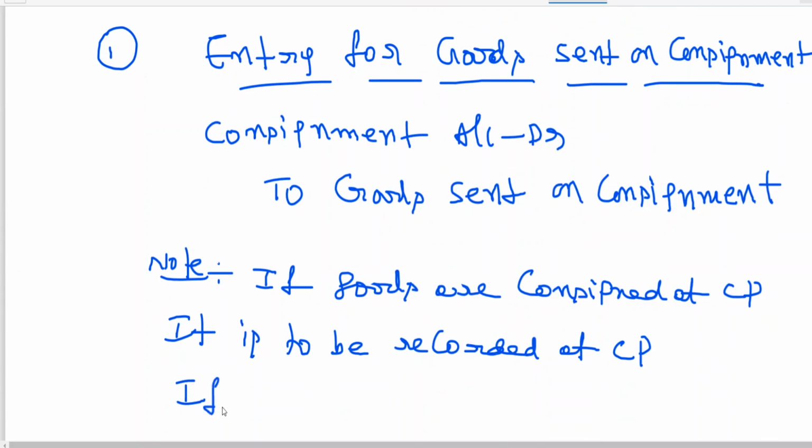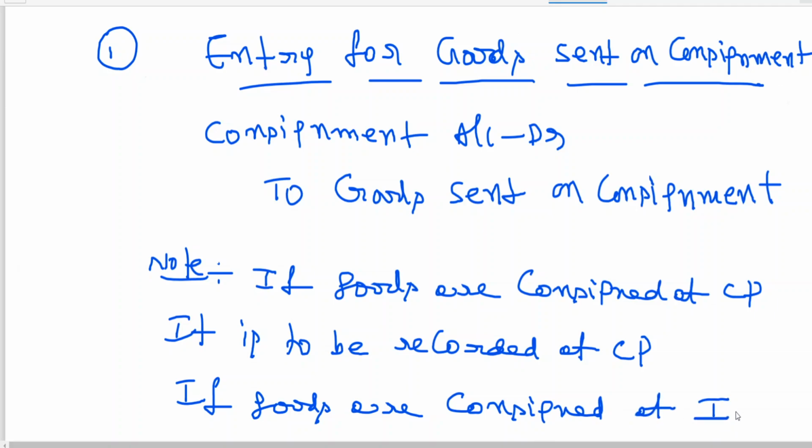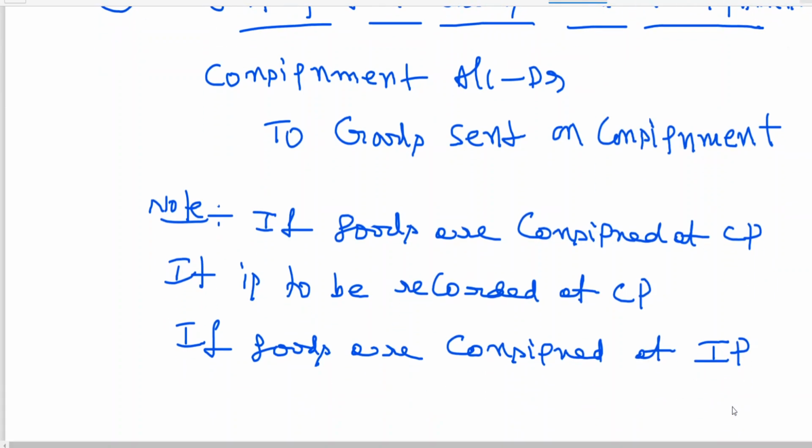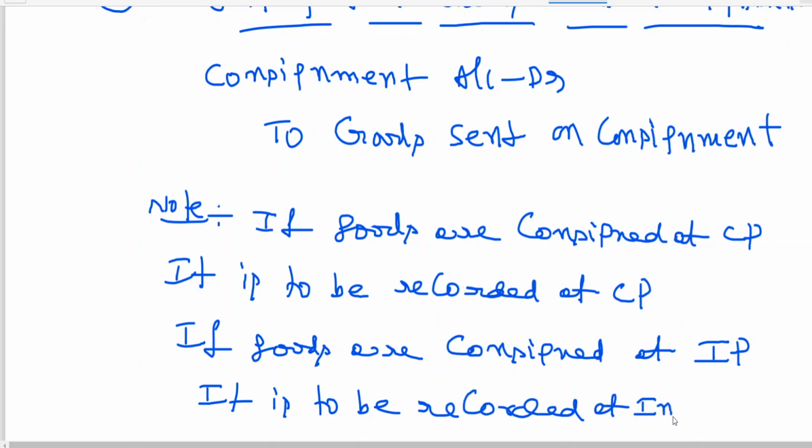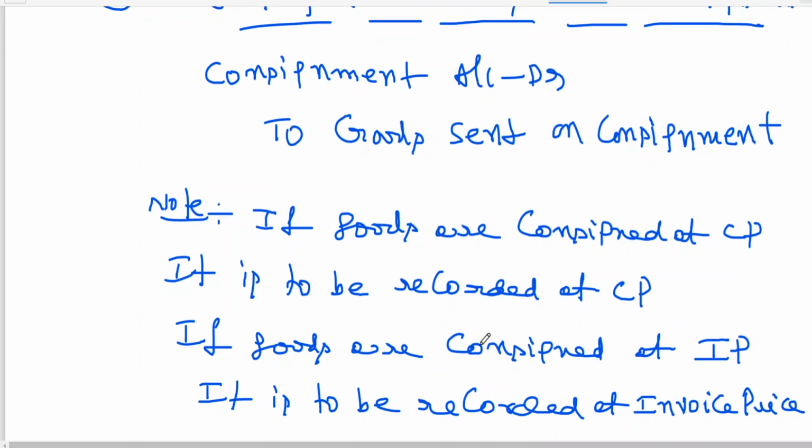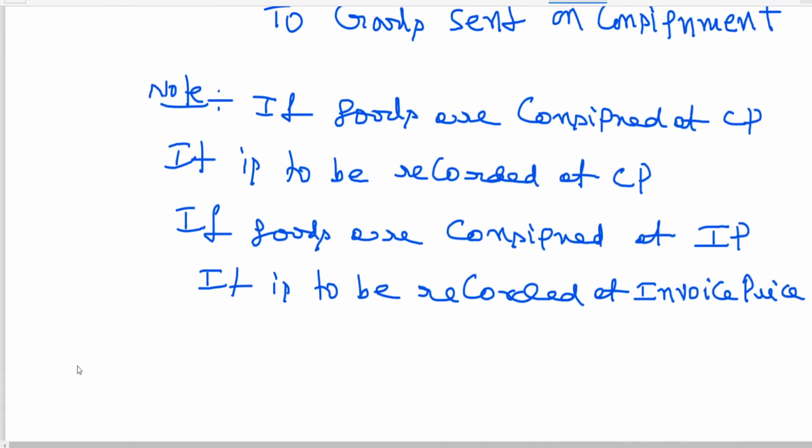If goods are consigned at IP, meaning invoice price, it is to be recorded at invoice price. Are you following? This is what I told you. If you are sending at 100 rupees, you should record it at 100 rupees. If you are sending at 120, you should record it at 120.